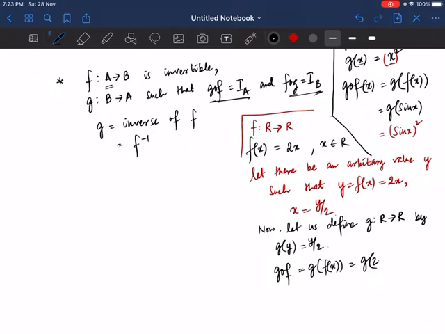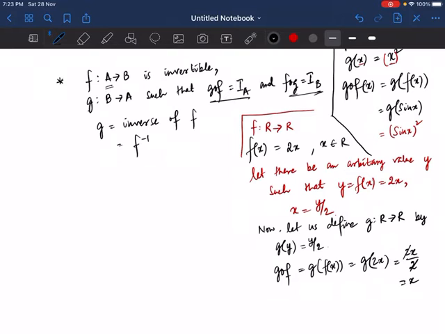So I write g(2x). Now g(y) is y/2, so g(2x) will be 2x/2. In place of y I write 2x. The 2 gets cancelled, so we have x. So you see, for g∘f you are getting x.